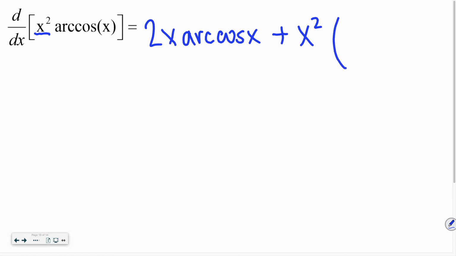Eli, help me out with that one. -1 over the square root of 1 minus x squared. Good. You want to rewrite that, feel free, as like a subtraction with x squared in your denominator, or you can leave it like that. That's fine too.